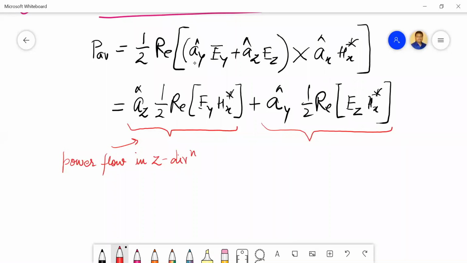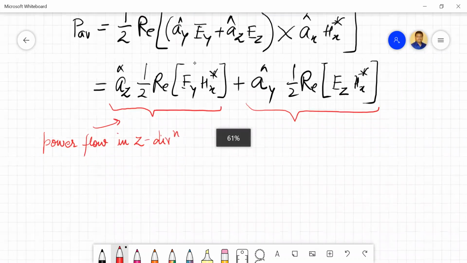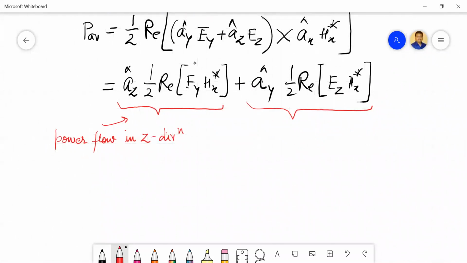Here you can see the axial field and Hx are there, so definitely this will provide the ohmic loss. The origin of Ez is that we cannot forget these non-vanishing fields because of these ohmic losses and all. So we don't have the option, and this particular term is going to contribute to the ohmic losses.